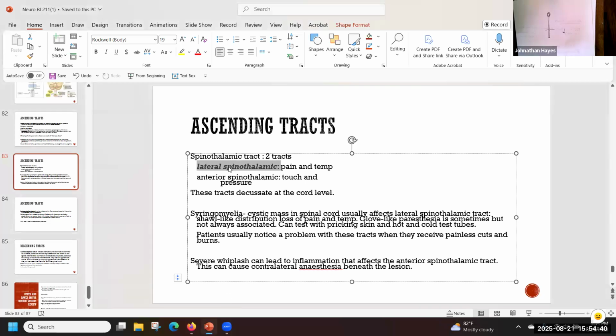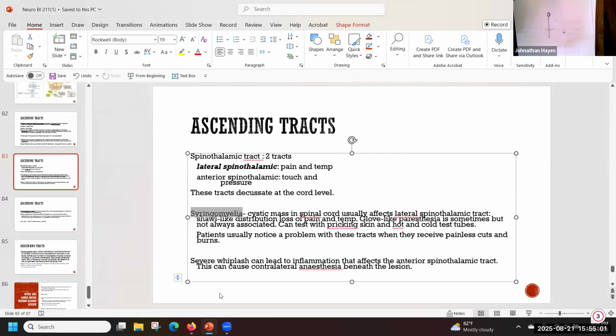One of the most common types of lateral spinothalamic tract lesions is syringomyelia, where they have a fluid-filled cyst on the cord. So if I have a syringomyelia, what can I expect in that patient? They have difficulty picking up pain, or usually hot temperature, like burn, pain and temperature.